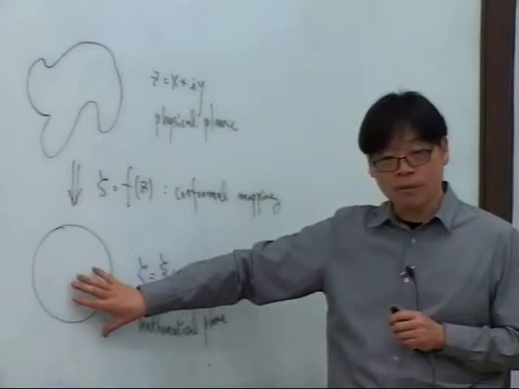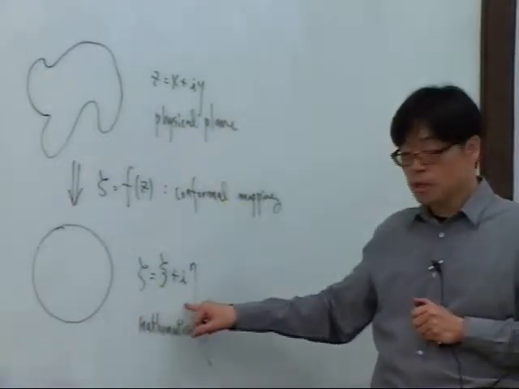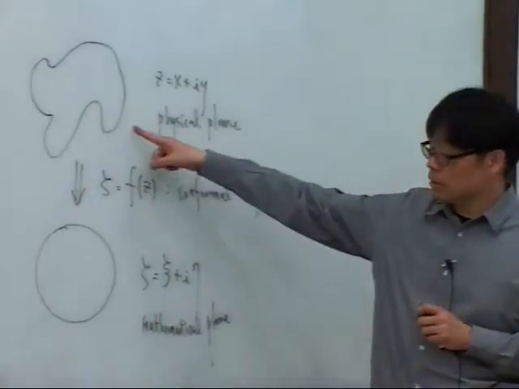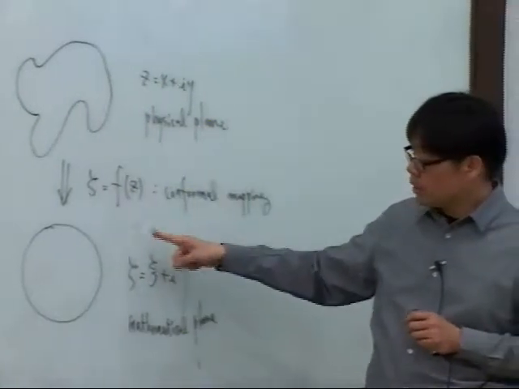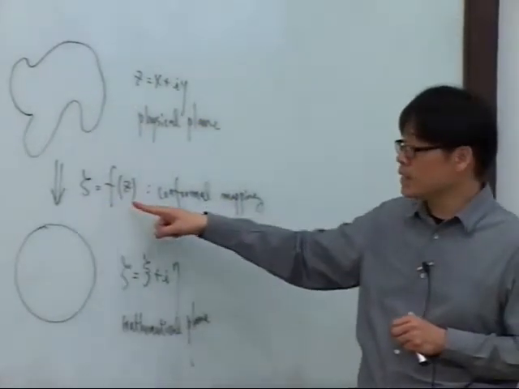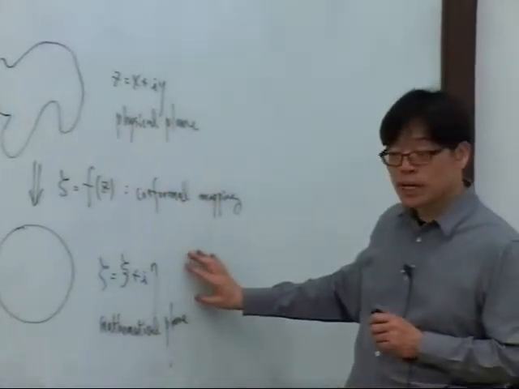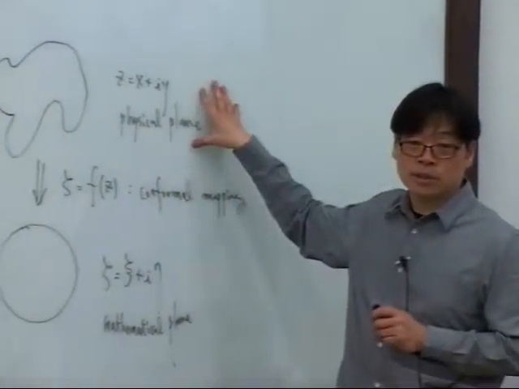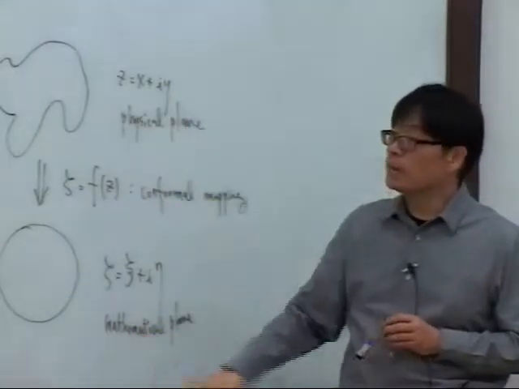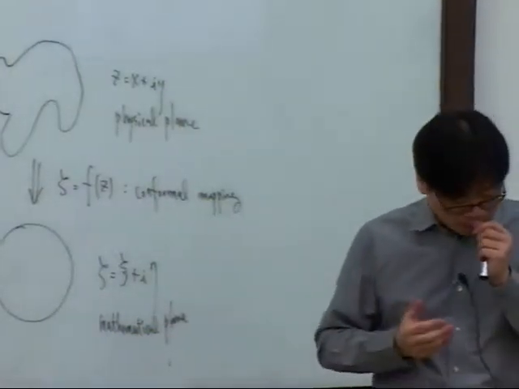You can solve this problem in the zeta plane. But what you are really interested in is the problem in the z plane. But since you know the relationship between zeta and z, then substitute that into the solution written in terms of zeta, then you can find the physical solution. This can be done only through complex potential.